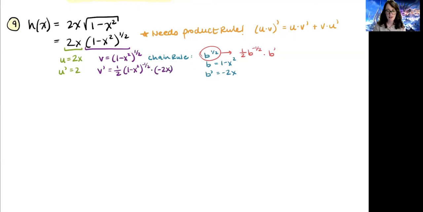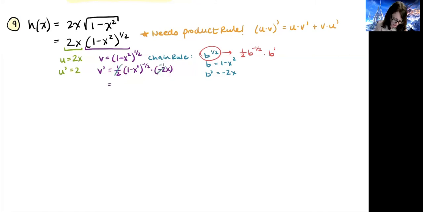All right, now we're done with the chain rule part, but we do need to put this together into the product rule to find the derivative of the whole function. To simplify this, I would recommend doing that first. We have a number here, 1/2, and a negative 2x here. These are the parts that we want to see if we can multiply together. The 1/2 and the negative 2, those are going to cancel, and we'll have negative 1.